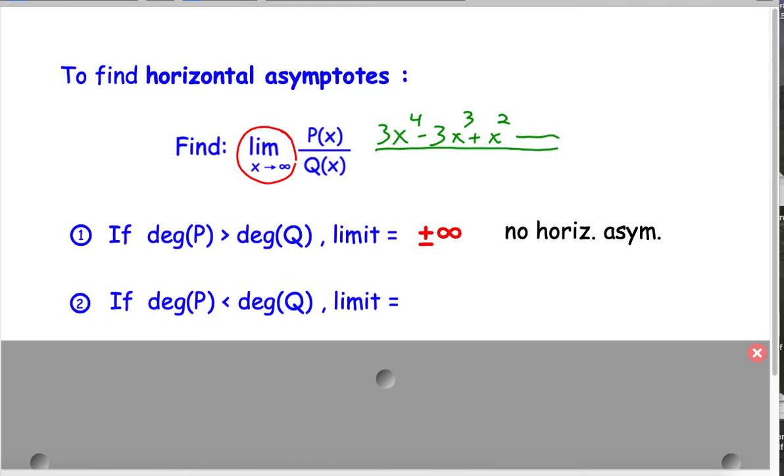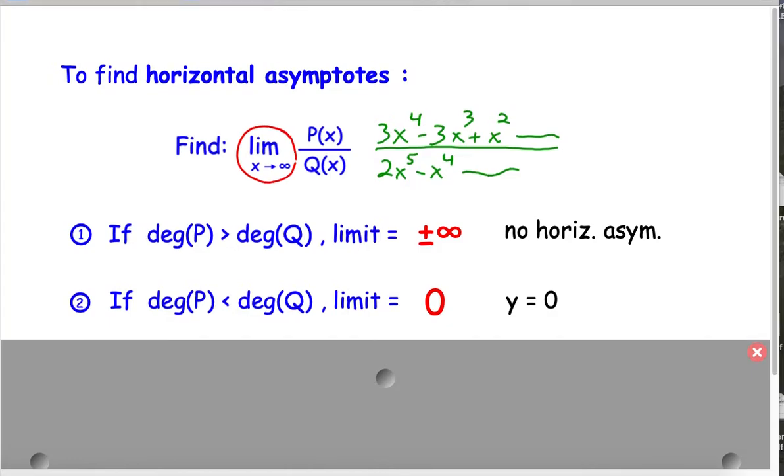And then in the denominator I had maybe a 2x to the fifth minus x to the fourth, etc. Now the degree is greater in the denominator, and so when that happens, the limit winds up equaling 0, and so the horizontal asymptote is the x-axis, y equals 0. Probably write x-axis in parentheses.